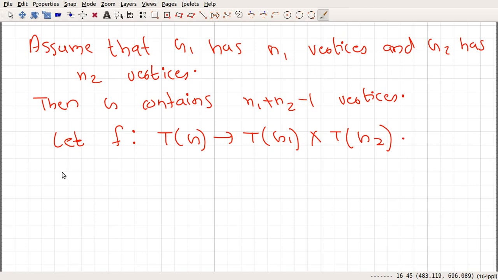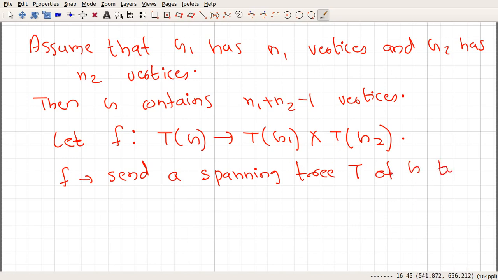Okay, so here what this function f does is, it sends a spanning tree T which belongs to this set T of G, to, okay, let me call it S, because we already used T here, right?